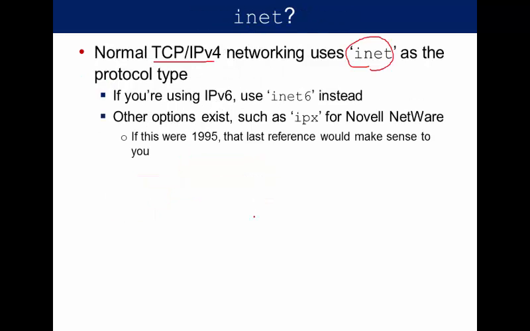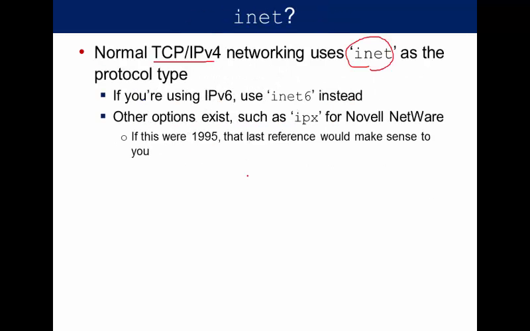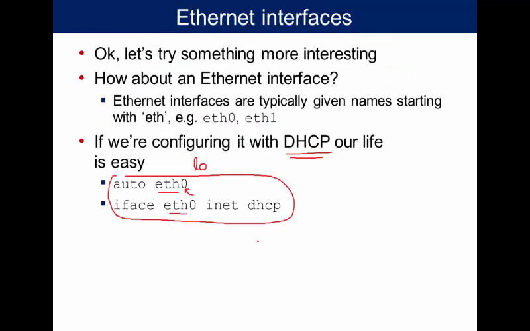Okay. See the difference? It's a loopback. And inet is loopback here. But here in this case it is DHCP, if you want to set up DHCP. If you have multiple Ethernet interfaces, then it has eth0, eth1, 2, 3, whatsoever.